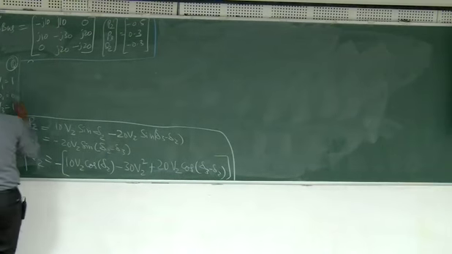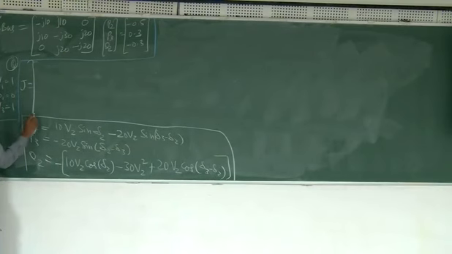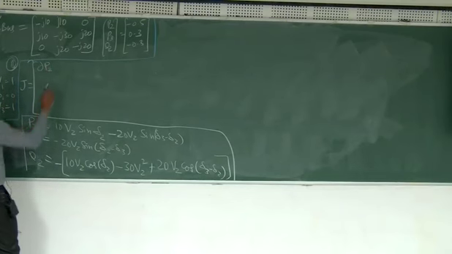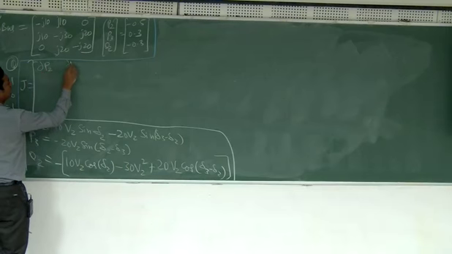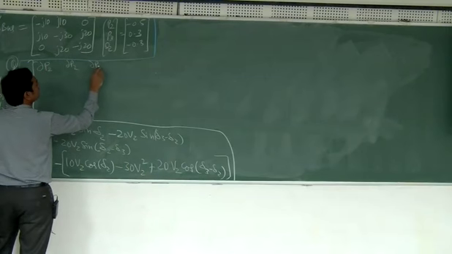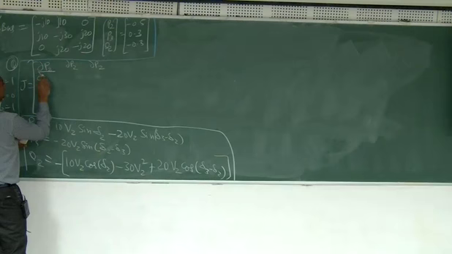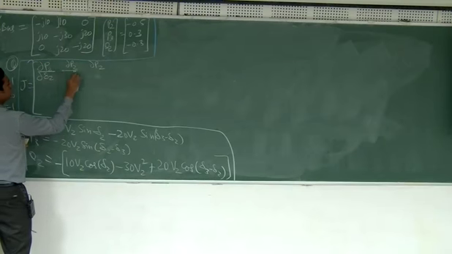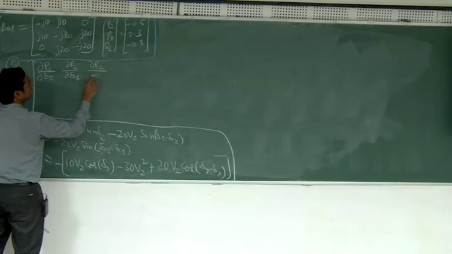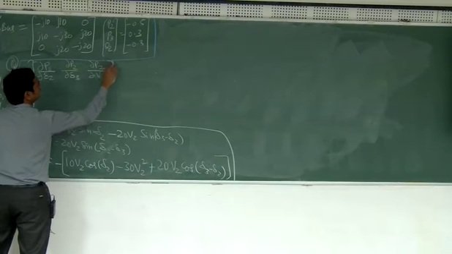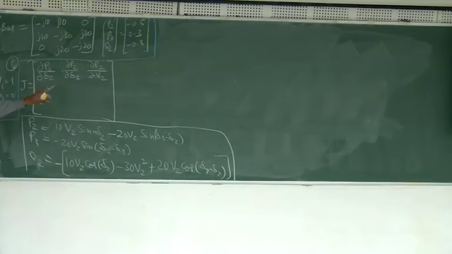So first I will write the Jacobian in this form. Delta 2, delta 3, and V2. There is the first row of the Jacobian. Differentiate the first function with the first variable, second variable, and third variable.